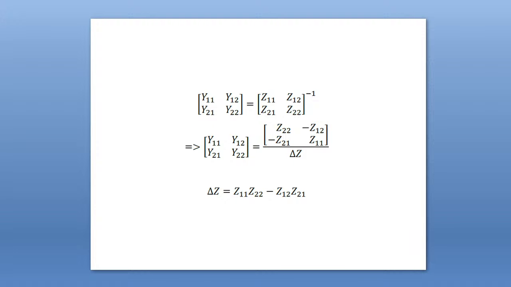If you check the other values of y, then it will be clear whether both cases are the same or not, and then we can conclude. If all are different, then we need to repeat this experiment. You check the other values of the y parameter, y22, y12, y21.